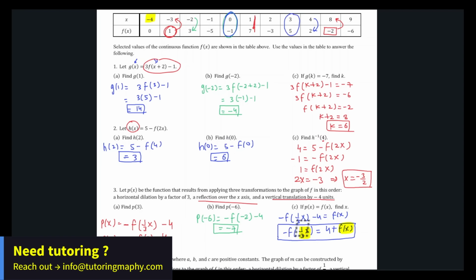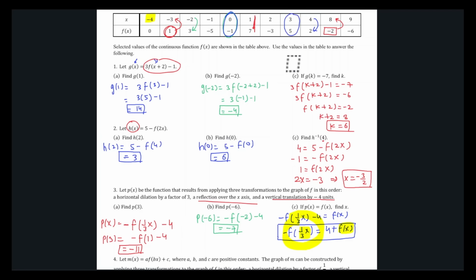It's fine, you can find f of -4, but can you find f of -4 over 3? No way, because it's not even given in the table. So don't you think it makes sense to only try those values of x that are exactly divisible by 3, which boils down your options to -3, 0, 3 and 9? Only these four numbers are divisible by 3, and I'm only going to try these.